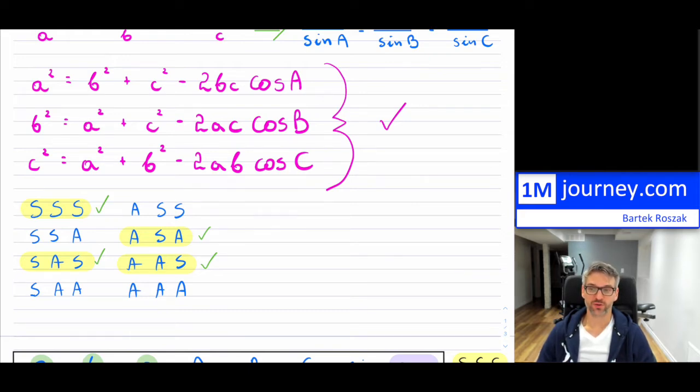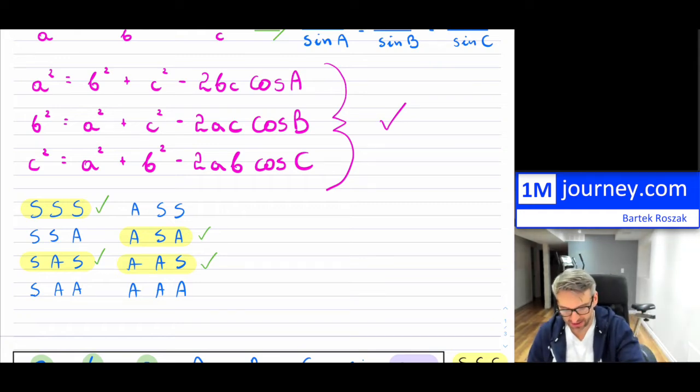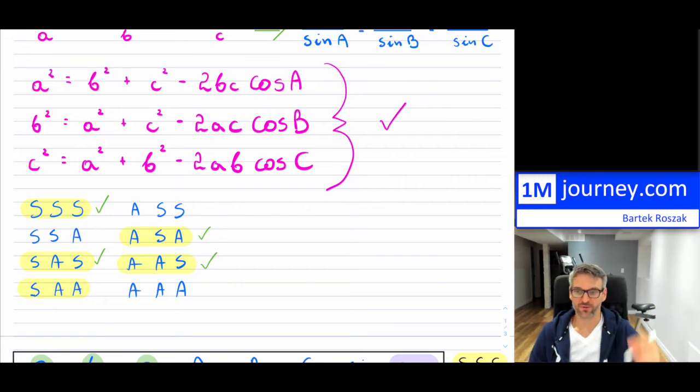So these are the 4 different cases. Now, you can read these from front to back or from back to front. So that's why I didn't highlight some of them. So for instance, you can see there that I have provided angle, angle, side, and I highlighted that. But that's exactly the same thing as saying side, angle, angle, if you read it from the back, okay? So I'm not going to highlight both of them.